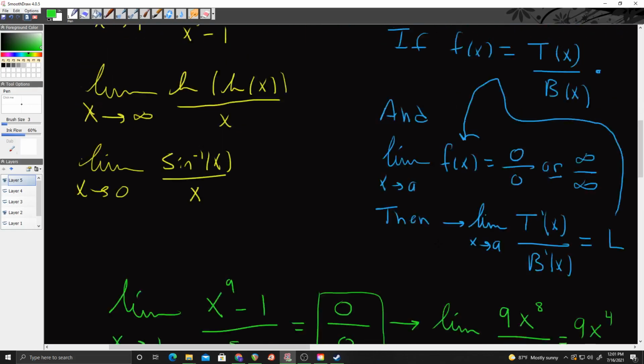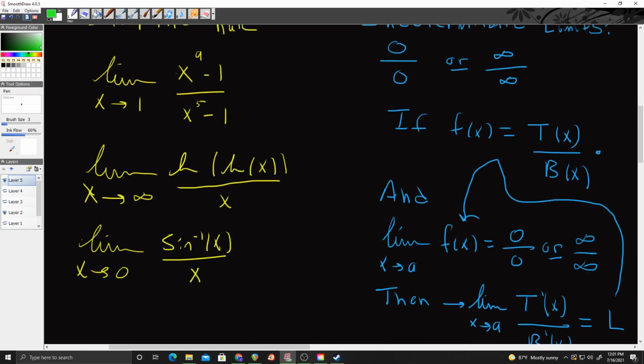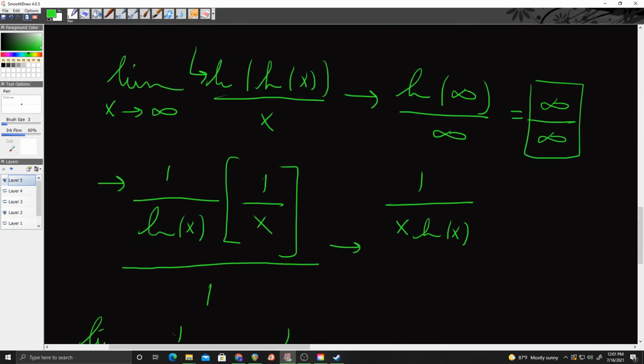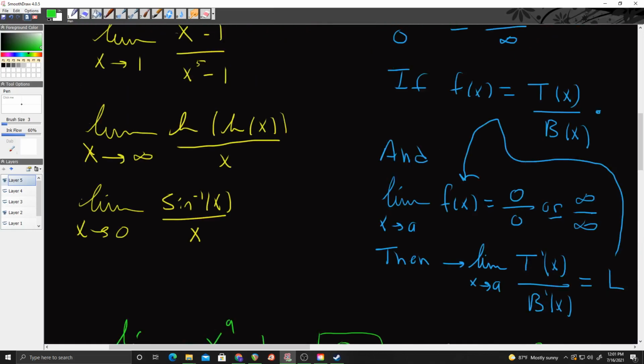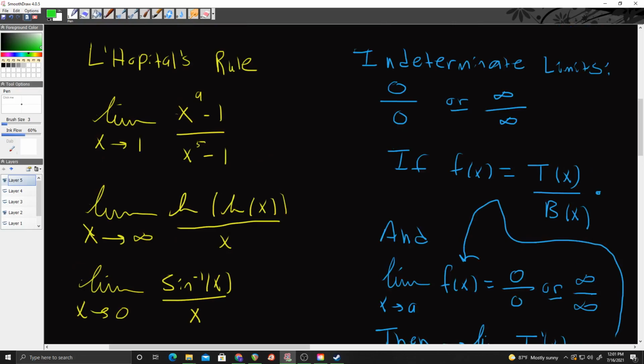The way to think about that is this. We could have arrived at that conclusion without going through this procedure, but that's kind of what we're learning right now. But the way to think about this is the natural log of x is a very slowly growing function. Remember, the natural log of x is the inverse of the exponential function e to the x. So this is a very slowly growing function.